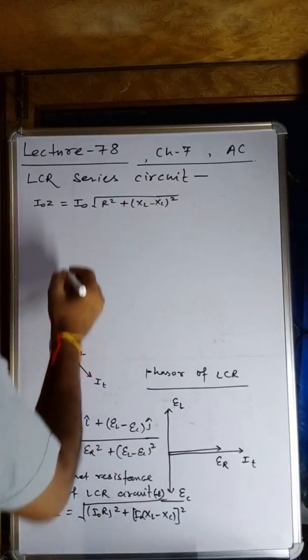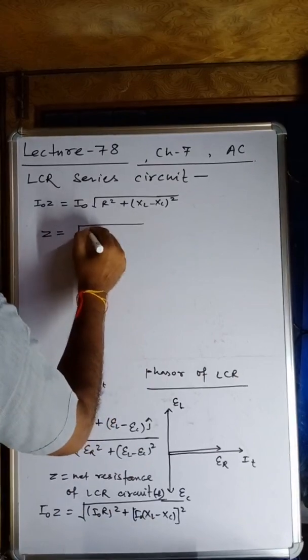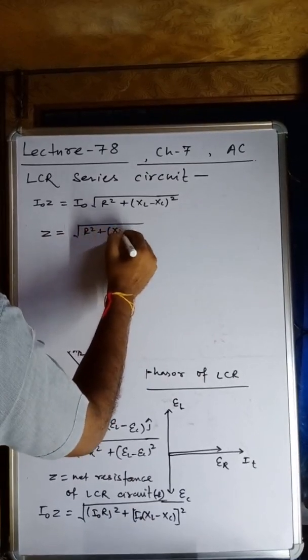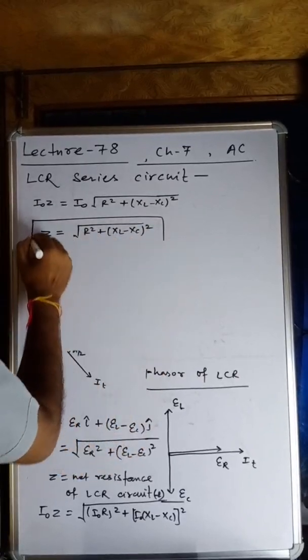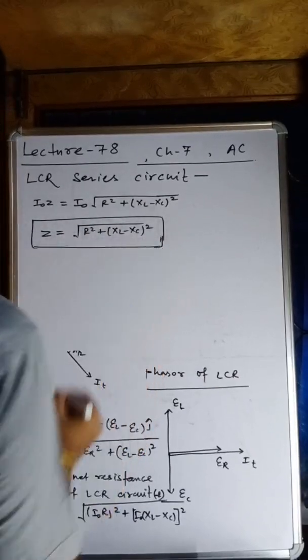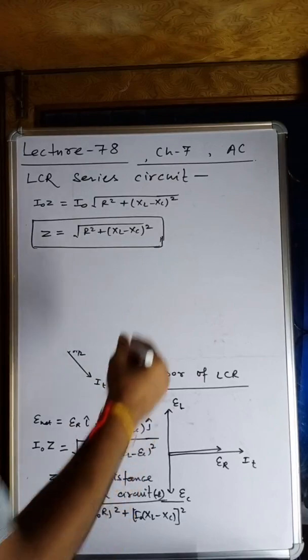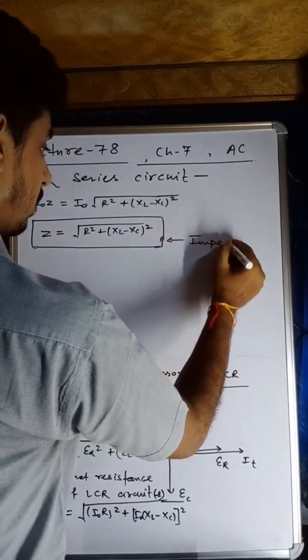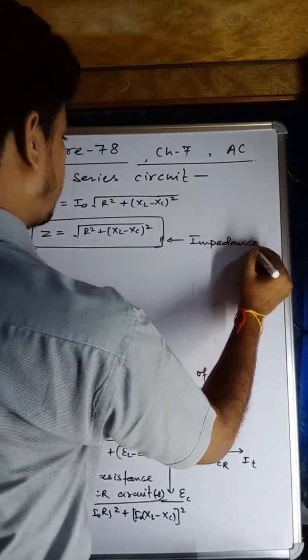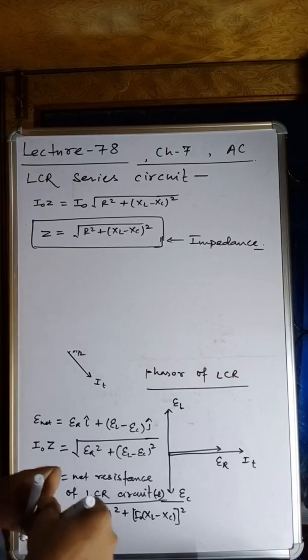I naught will be cancelled out, so the impedance is nothing but root under R square plus (XL minus XC) whole square. Okay, my dear students? Yes, this is the impedance of the circuit. Which circuit? LCR series circuit. This is the impedance.